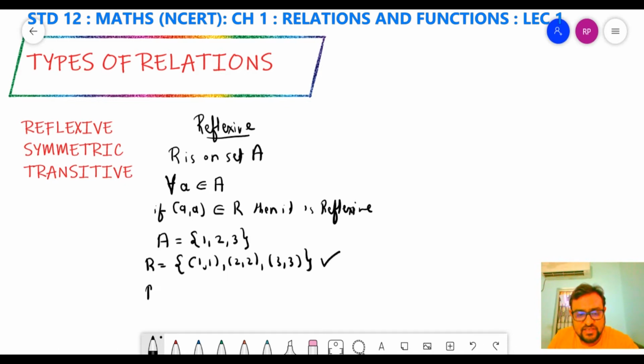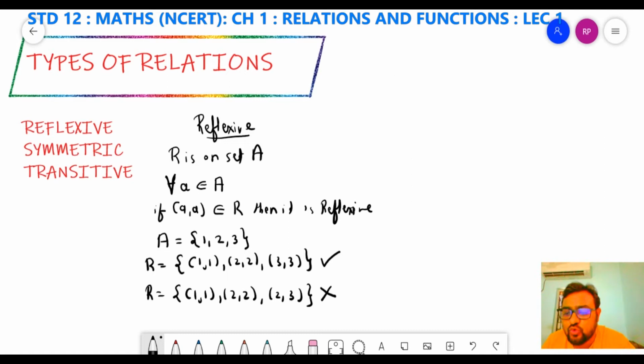See, if the relation is like this: (1, 1), (2, 2), (2, 3). Now see, this relation does not have (3, 3). That means it is not reflexive. Clear?